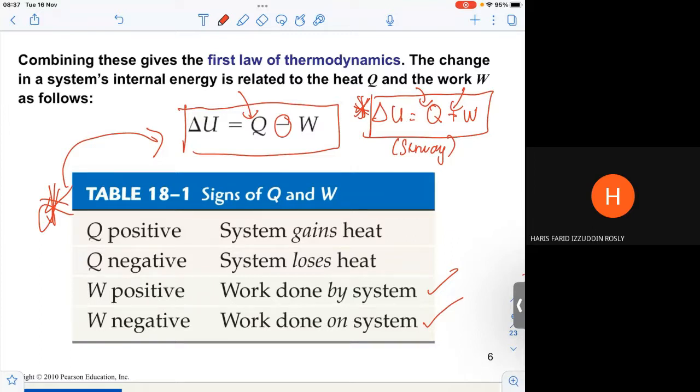According to the survey textbook, they also apply this kind of work, but according to the equations, the W positive and W negative are just exchanged. For the survey textbook, it's just the reverse. The work done by a system is negative, the work done on the system is positive.